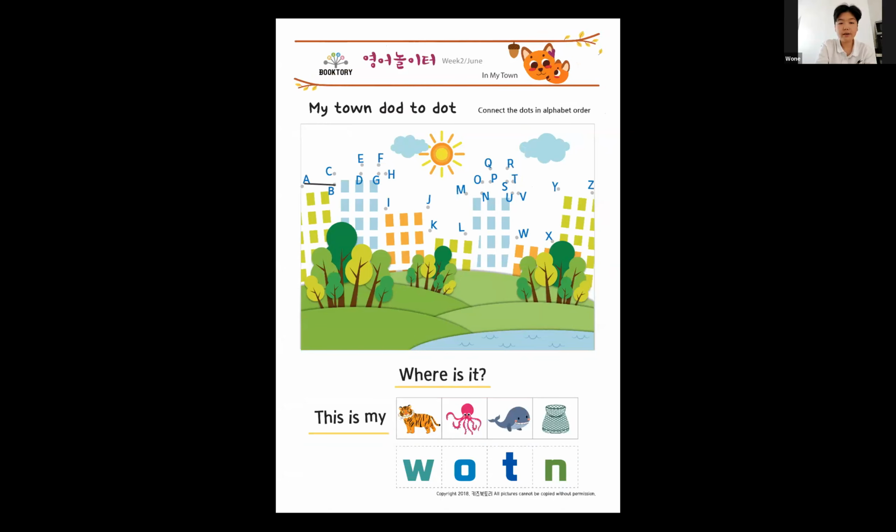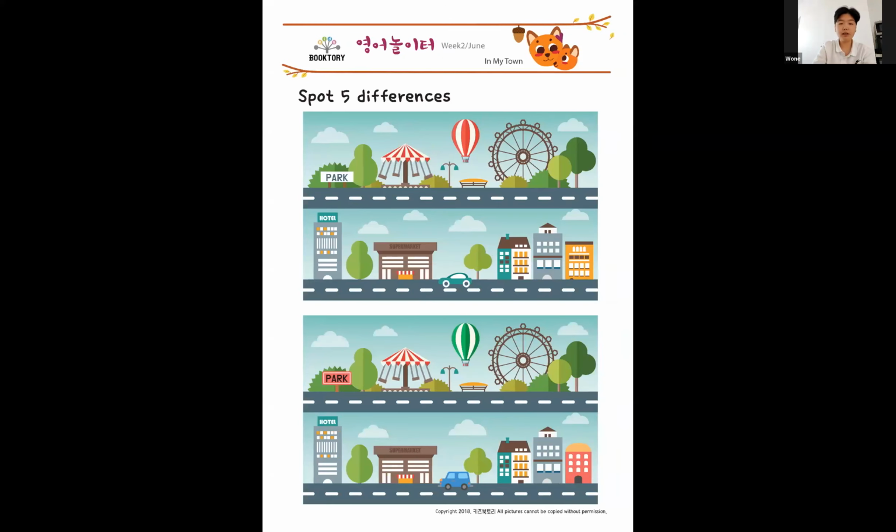A, B, C, D, E, F, G, H, I, and so on. You're going to do the dot to dot, and then you're going to complete the picture. Let's go on to the next page.